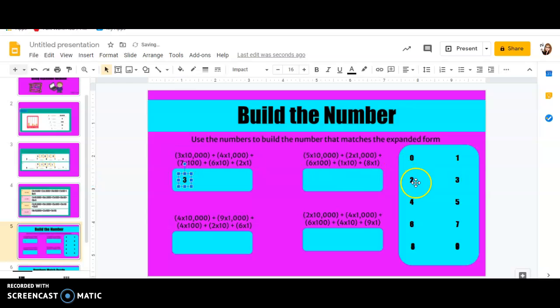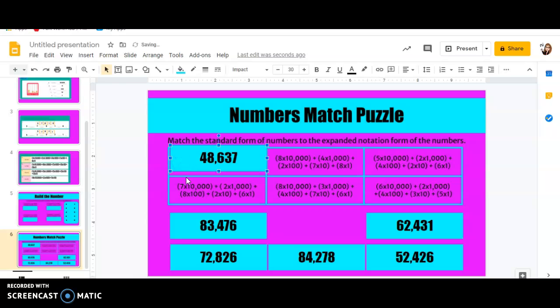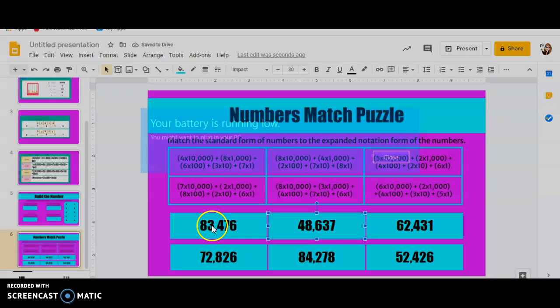So I had a 3 and then a 4, and you're going to finish building your number on your next slide. And on your final slide, you have the number in expanded notation, and you have to find the standard form down here. You have to match that standard form to the right box where it is written in expanded notation. When you have finished those 2 slides, you're good to go.